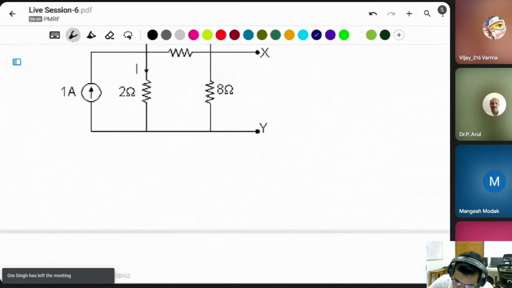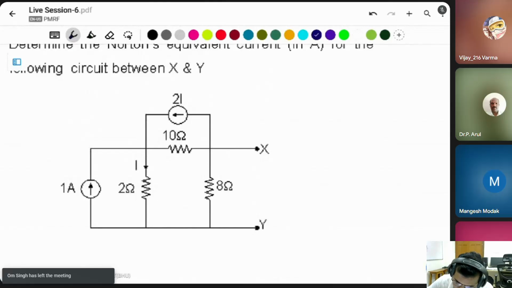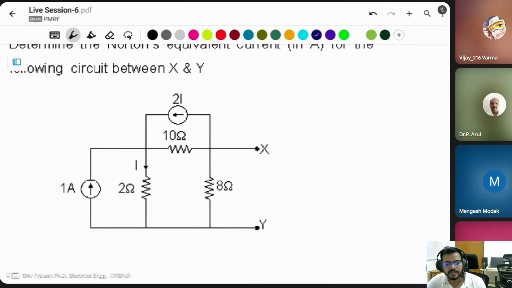This is given as 2I, and this current is I. 2 ampere, 2 ohm. This is the 10 ohm resistor. You have to find the IN.